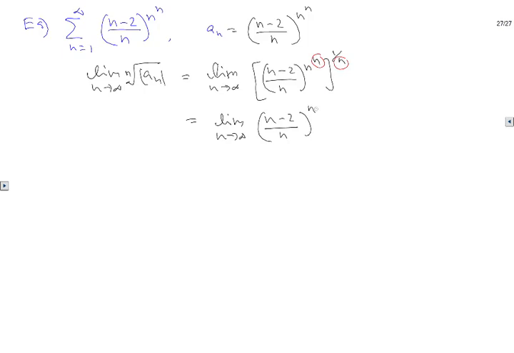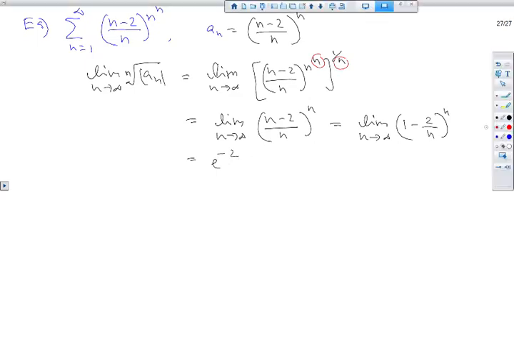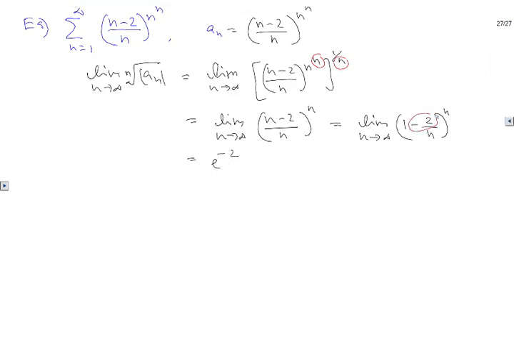Now we're going to use one other trick that we used before. You know that this limit you can write in a special form. This one is 1 minus 2 over n to the nth power. That means this is simply going to be e to the negative 2. Where is the e to the negative 2 coming from? That's the negative 2. So e to the negative 2 means it is 1 over e squared, which is less than 1, since e is roughly 2.718.